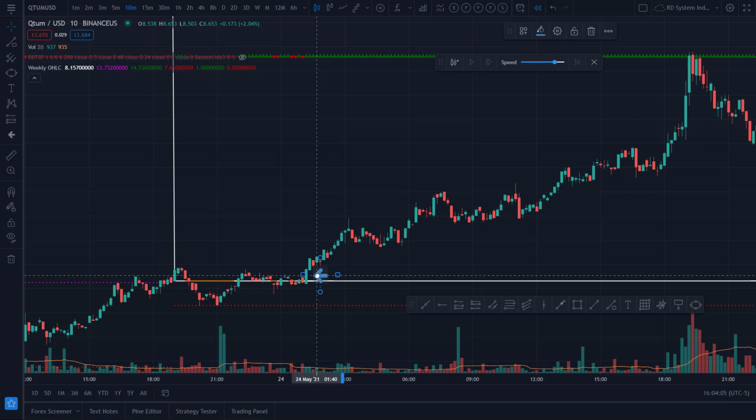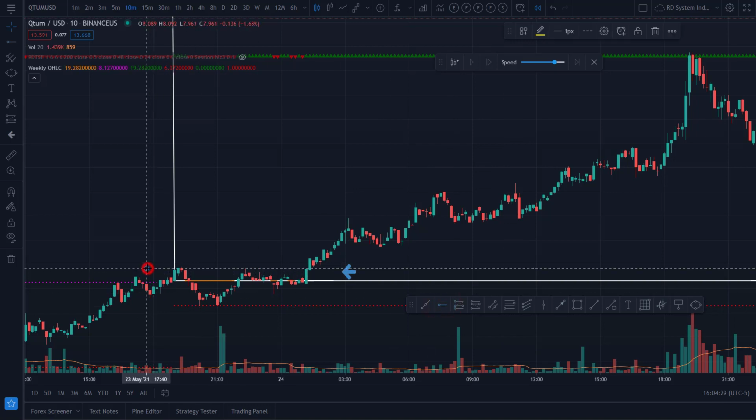If you just look at closes and you just trade simple rules, the chart's telling you what to do. You can argue with it, but you're going to be a losing trader. So this closed above the weekly open. It also closed right around this area here that you would have.